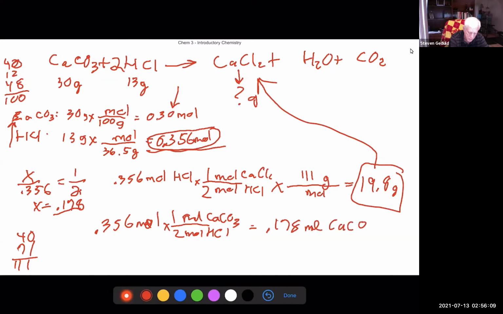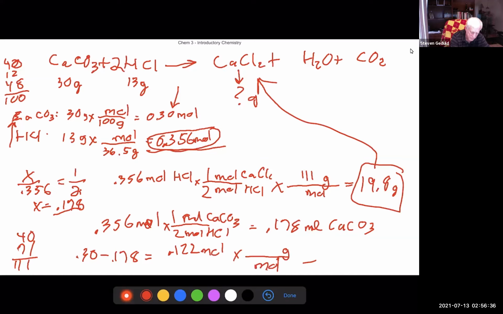That's how much we're going to use. We've got 0.3, so 0.3 minus 0.178 is going to give you how much you have left over: 0.122 moles left over.